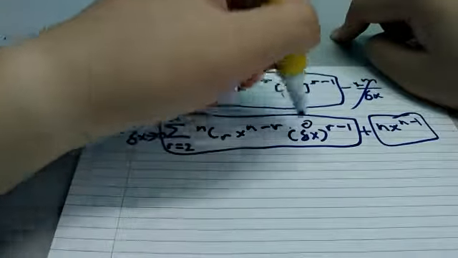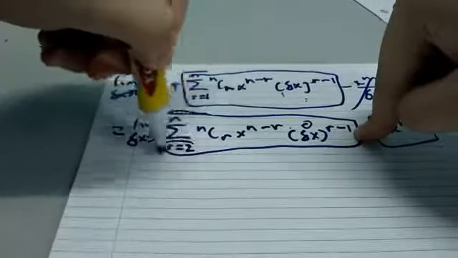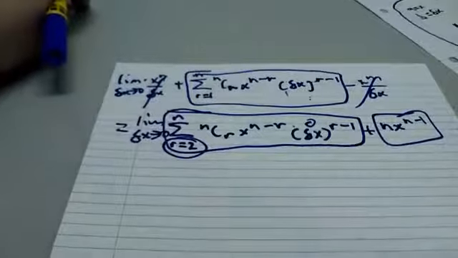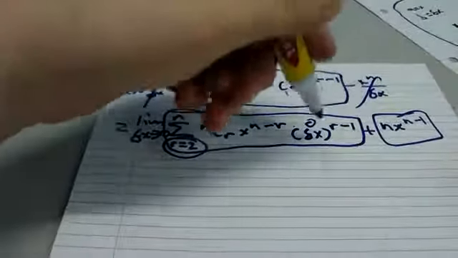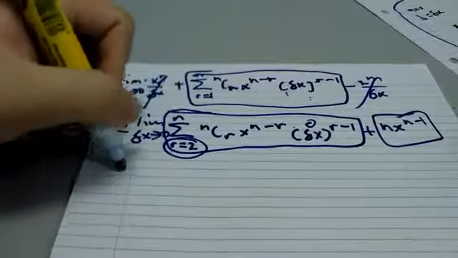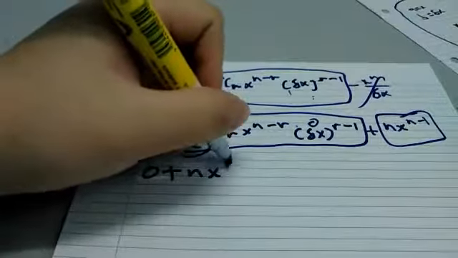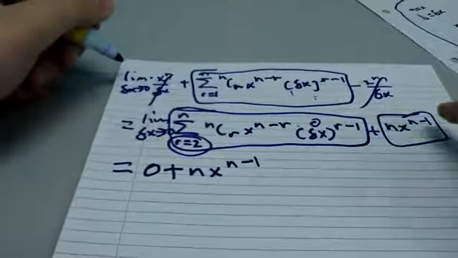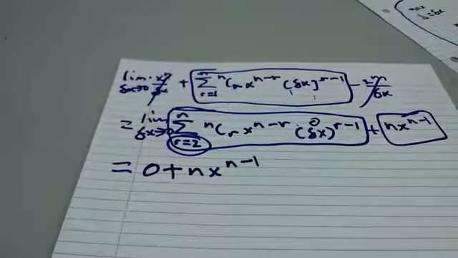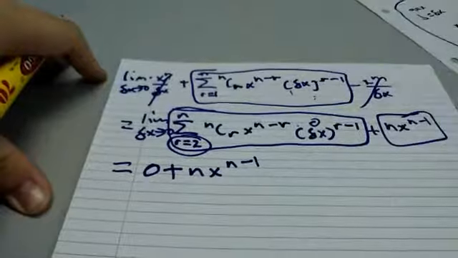So when I plug in 0 to the power of this, you always get 0, because the lower limit is always greater than 0. And when this becomes 0, the whole thing is equal to 0 plus n x to the power of n minus 1, because the delta x already left, so we don't need to plug in the limit of delta x because there's no presence of delta x.